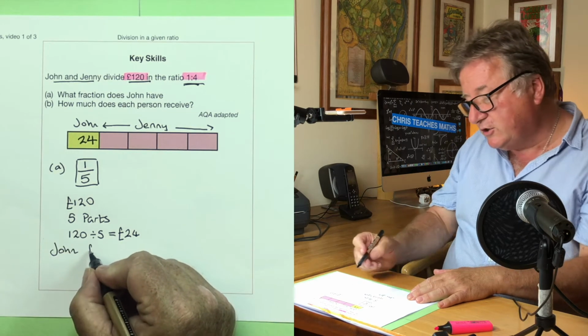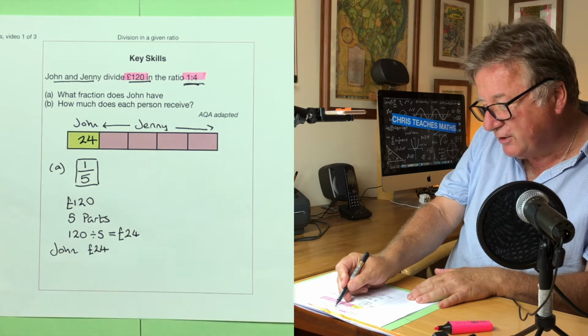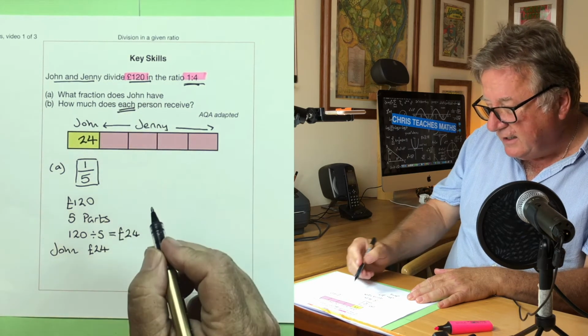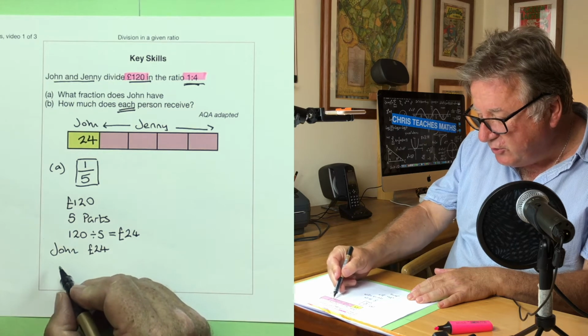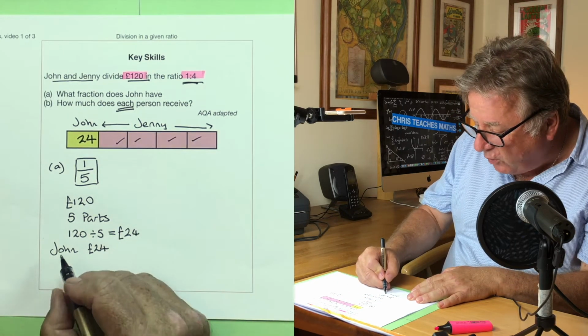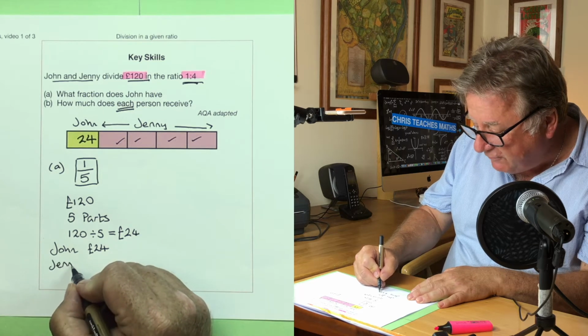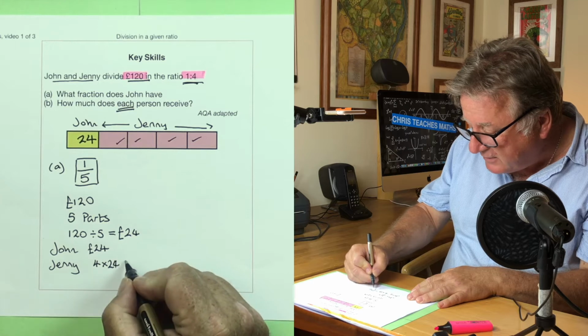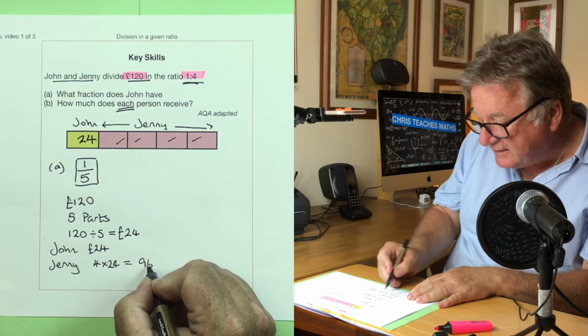Because the question is how much does each person receive? So I need to know what Jenny receives. Now Jenny has 1, 2, 3, 4 parts. So Jenny has 4 lots of 24, which is £96. So there we have it. Jenny's share is £96.